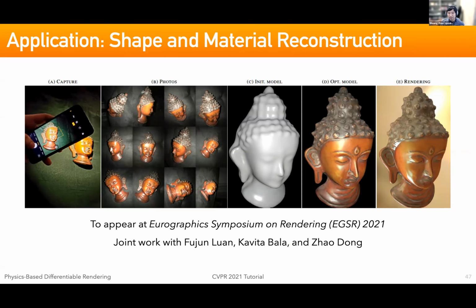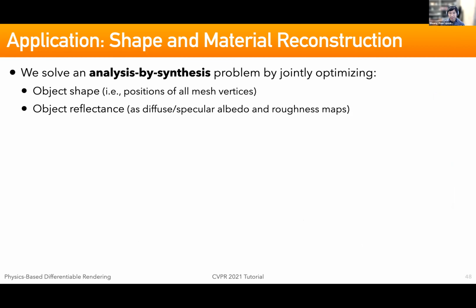We take multiple photos, up to 100, of an object, and then we take some initial geometry and initial maps using standard methods like COLMAP. And then we run our differentiable renderer that optimizes a loss. To be more specific, we solve an analysis-by-synthesis, inverse rendering problem, by jointly optimizing object shape.